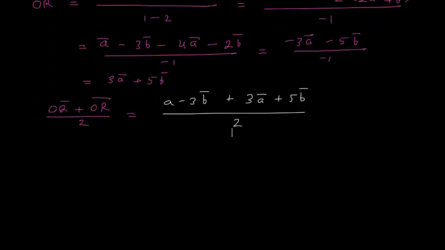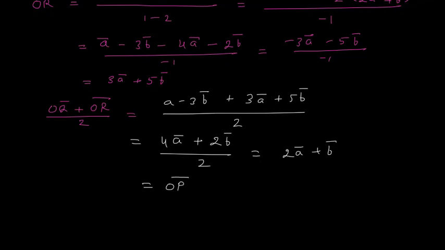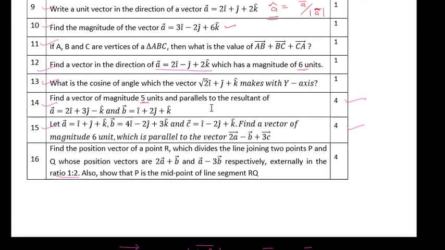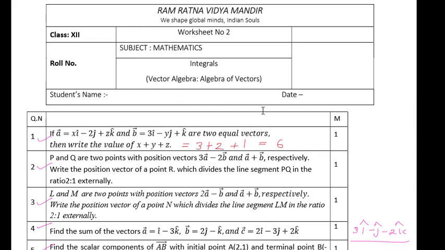When we add, we get A plus 3A is 4A, minus 3B plus 5B is plus 2B, and whole divided by 2. So that gives us 2A bar plus B bar. Now 2A bar plus B bar is our OP bar. Therefore I will say that P is the midpoint of QR. Simple? Okay. So this is how you can solve all these questions.